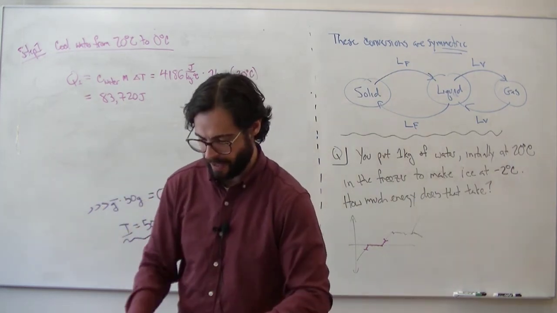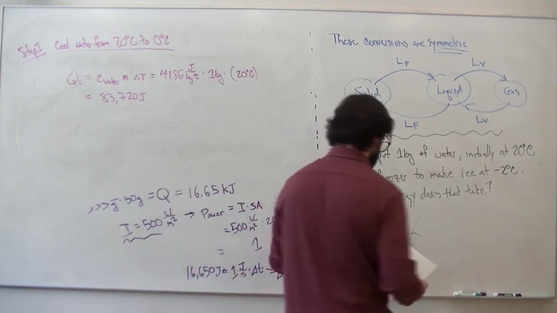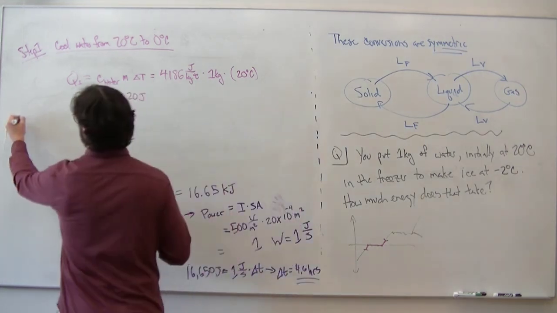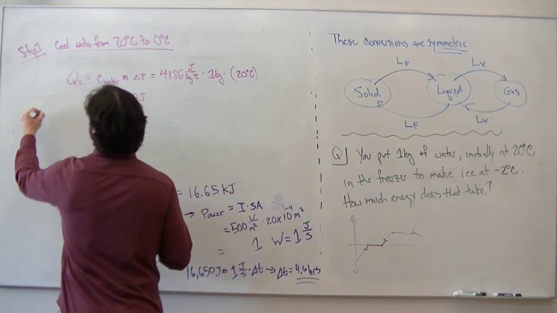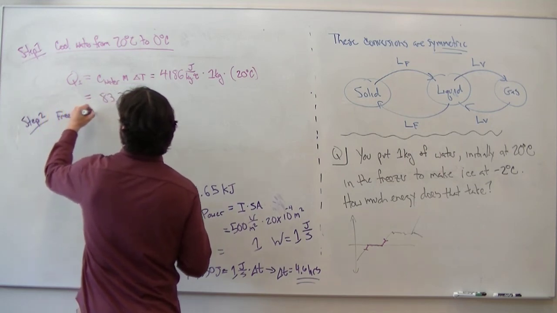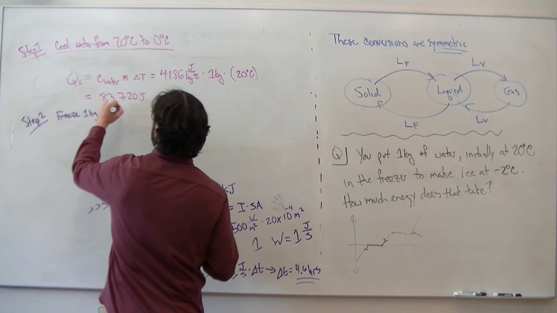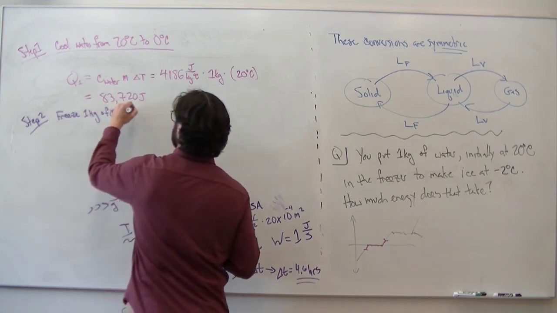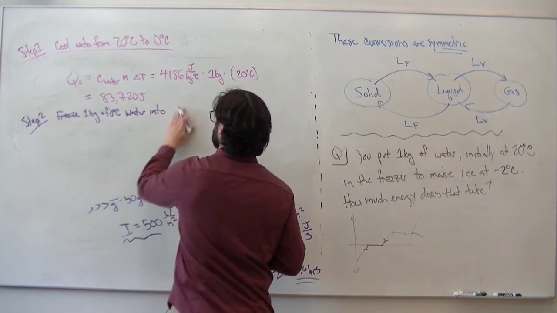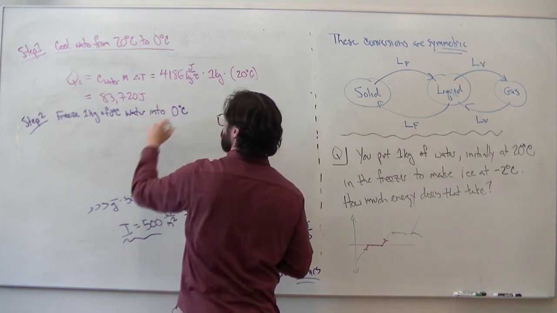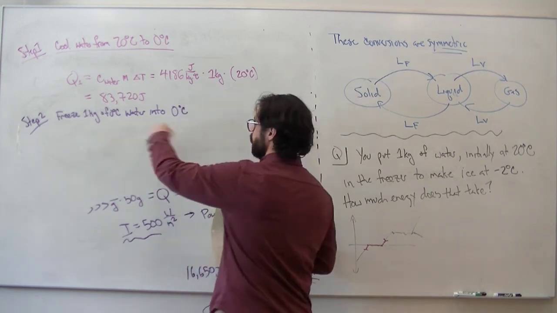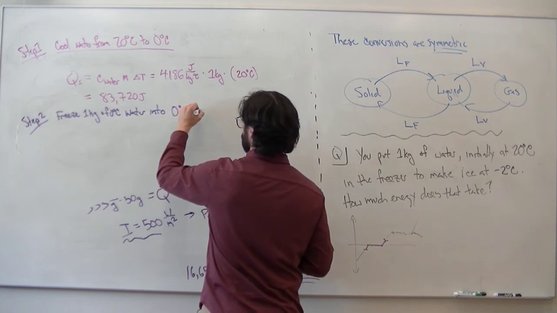Now, next thing I have to do, step 2, is I've got to freeze the water. To be hyper pedantic about it, technically what I'm doing is I'm freezing 1 kilogram of 0 degree water into 0 degree ice.